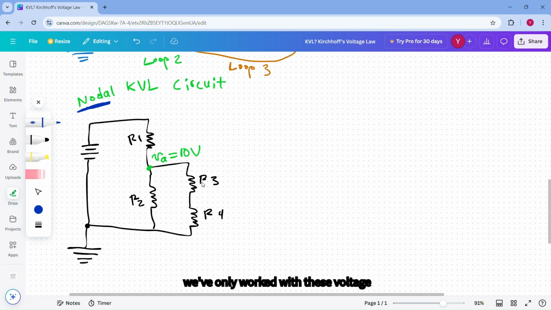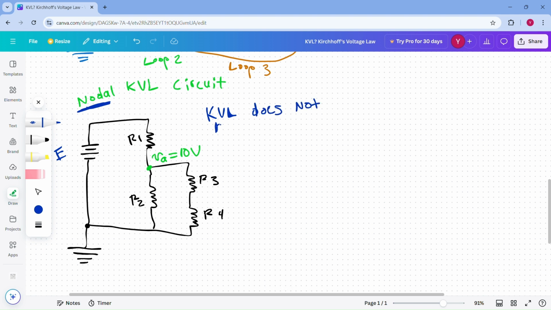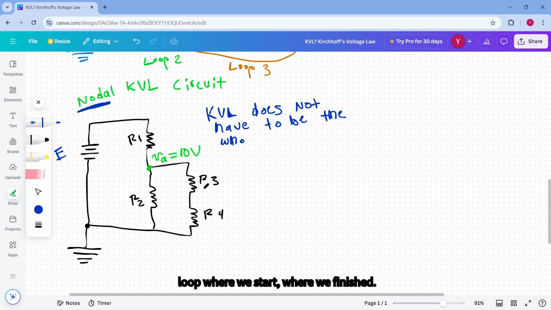So far we've only worked with voltage sources that were already given to us, but how can we use KVL to describe something slightly different? I've already shown in previous examples that KVL does not have to be the whole circuit. It can be any closed loop where we start where we finished.